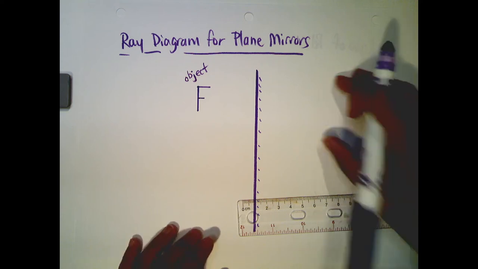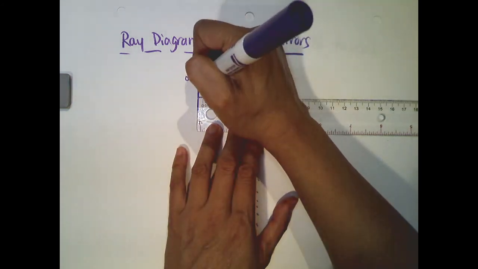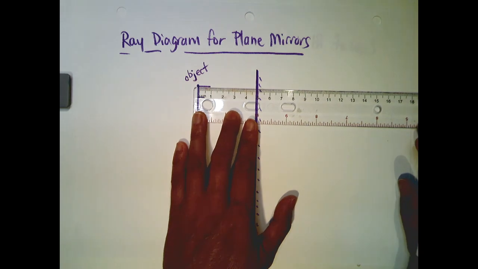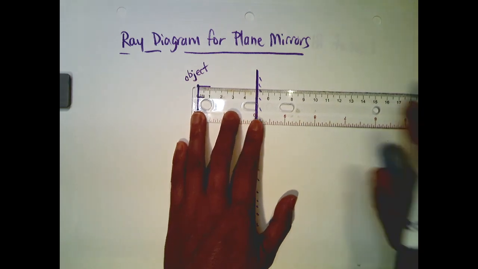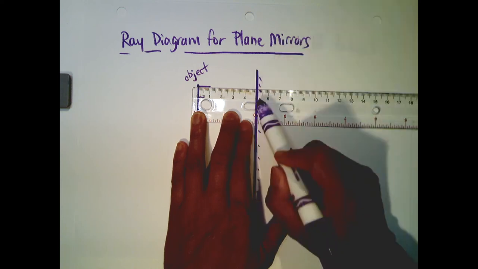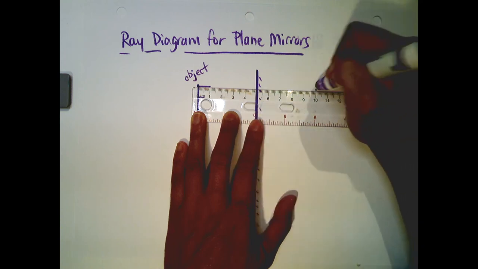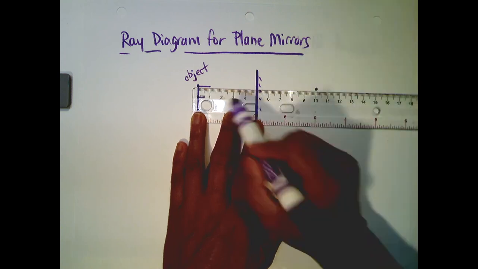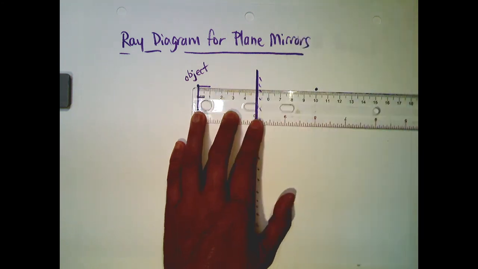So we're going to draw the image right now. So remember, here's my dot that we started. We measured out 5 centimeters. Well, let's draw 5 centimeters on this side. Okay, if you do that, that means I've lined it up at 5 centimeters. So that means the dot here is going to be 10. Which means 5 centimeters from the line or the mirror, also 5 centimeters that way.